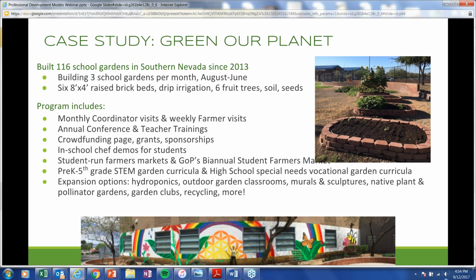We also do chef demos for the students. The 4th graders are learning about nutrition. So the teachers, a local chef, and Green Our Planet staff will work together to come up with a recipe using the produce in the garden, which also helps teach the teachers about childhood nutrition and what can be eaten in the garden.